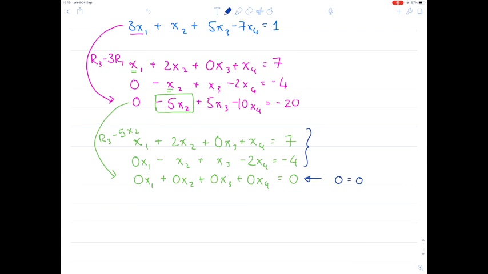So if we look a little bit more at our first and second equations, in particular the second equation doesn't depend on x1, it depends on x2, x3 and x4. On the other hand, our first equation depends on x1 and x2 and x4.